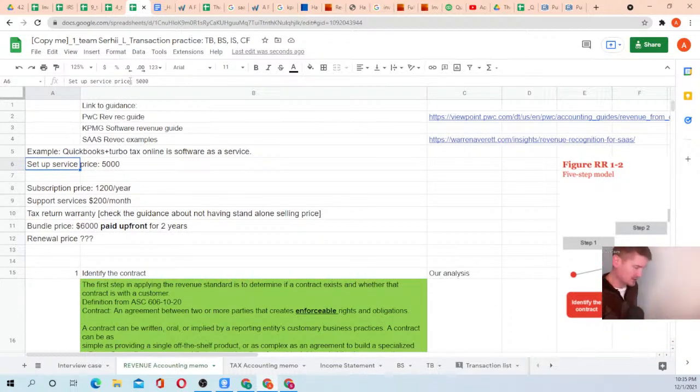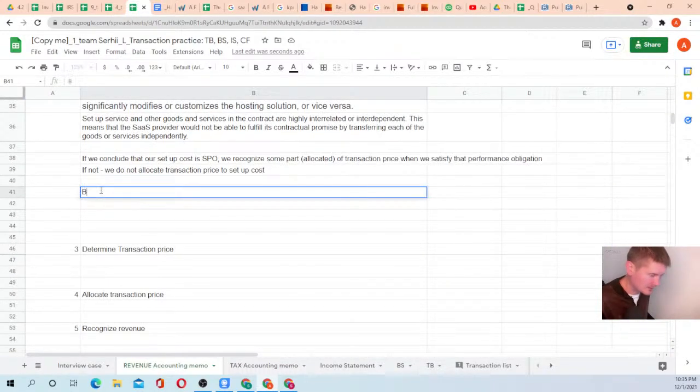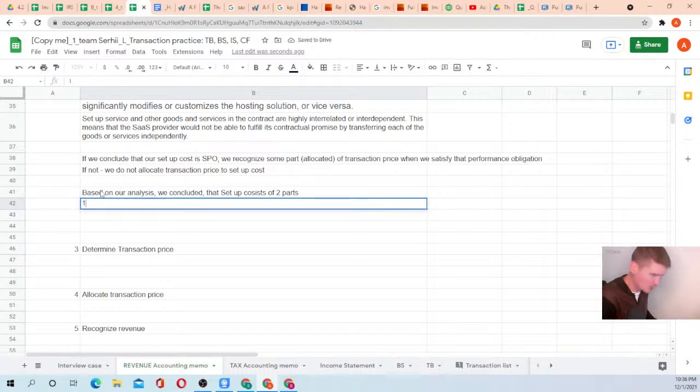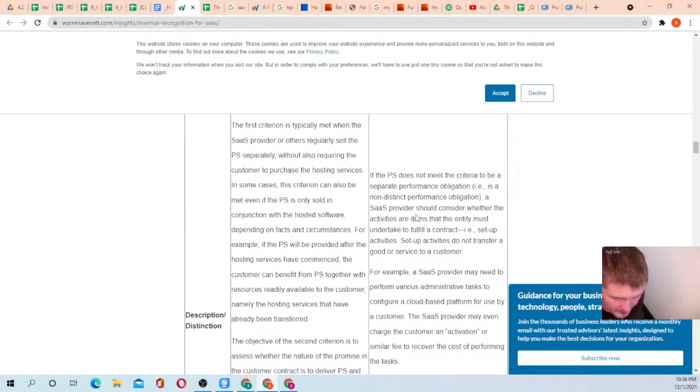Let's say we did analysis, and based on our analysis we concluded that setup consists of two parts. One, setup required. Let's just take the wording from here.